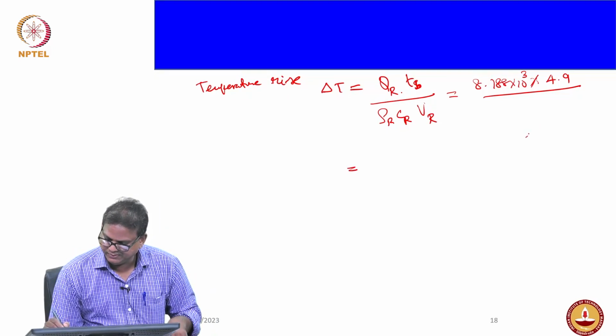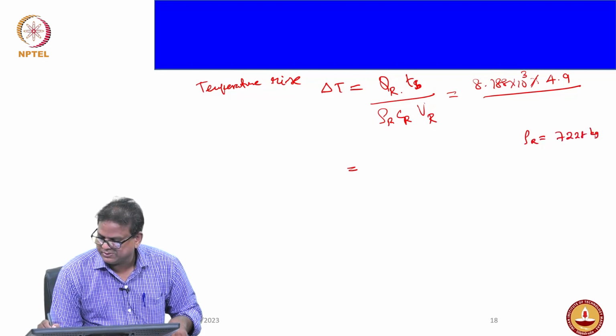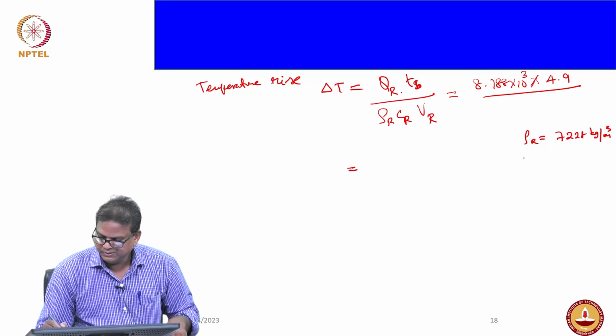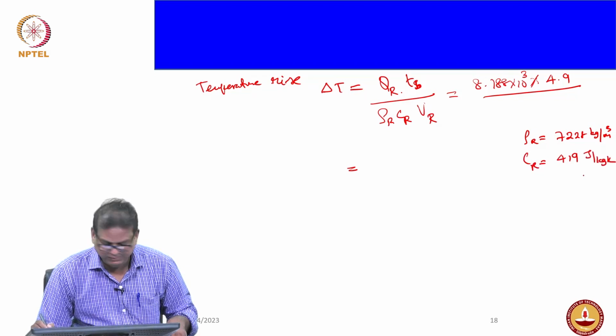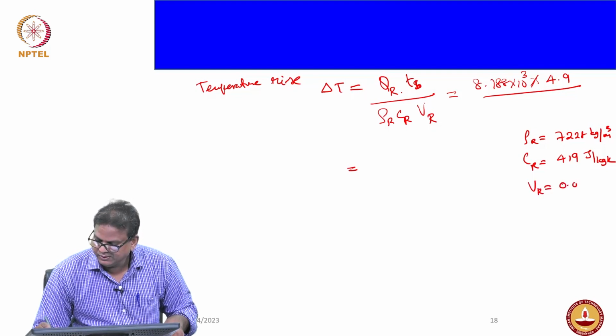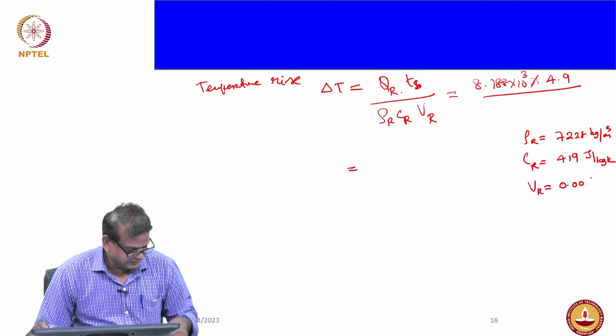Maybe I can rewrite it. Rho R should be 7228 kilogram per meter cube. CR is 419 joule per kilogram Kelvin, and VR is already given, VR equals 0.0057, right?